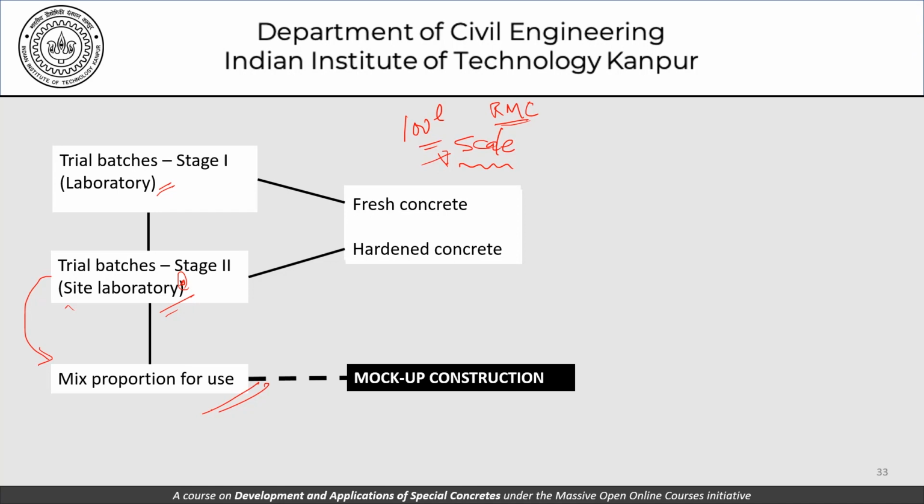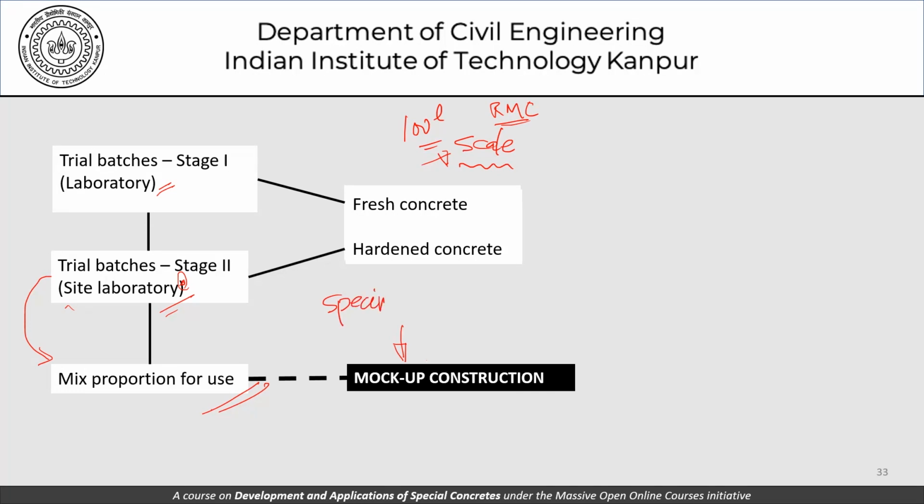Mock-up construction is the key for carrying out special constructions. If we are not sure how things will work in a large construction project, never be shy of doing a mock-up construction, which is larger in scale than specimens.